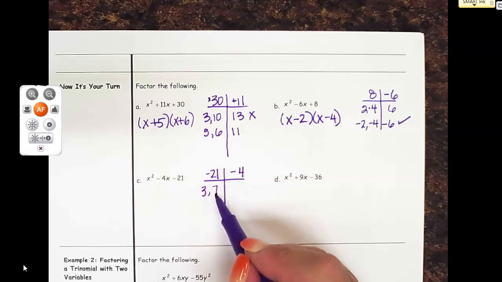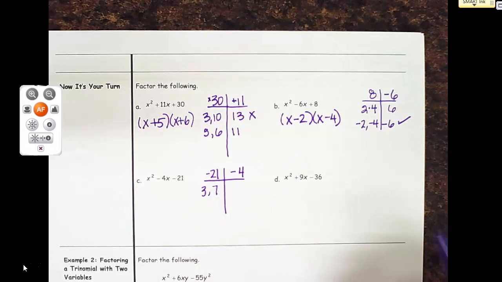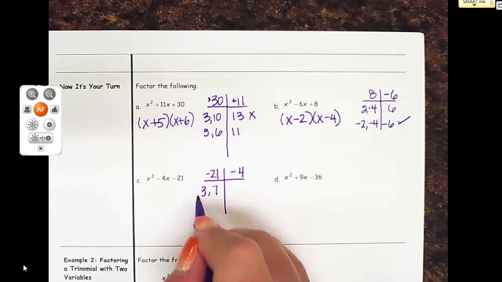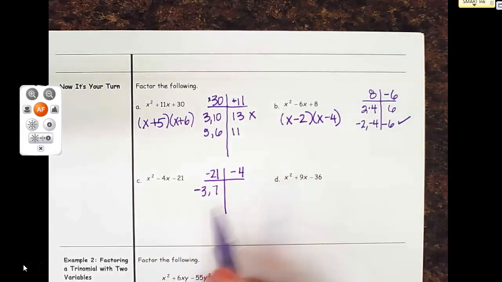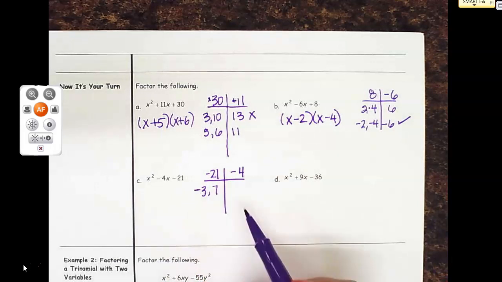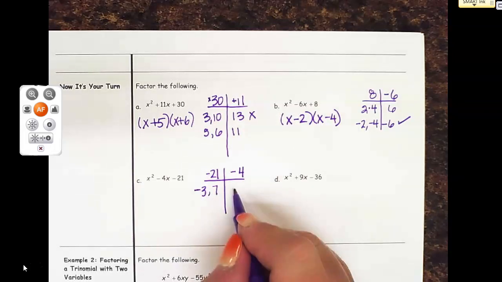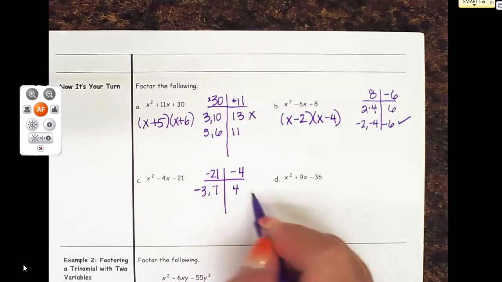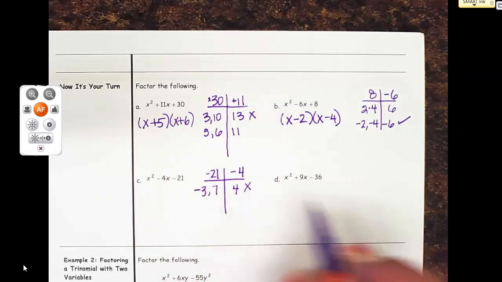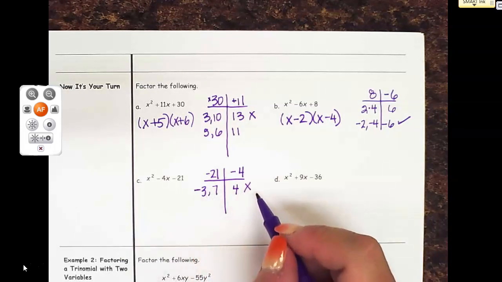So 3 times 7 can't be my choices there. What can I do to make it equal negative? Well, I can make one of those negative. So negative 3 times 7, now that's negative 21. So that side works. But then I do negative 3 plus 7, and I get a positive 4. So that's not exactly the combination that I need.